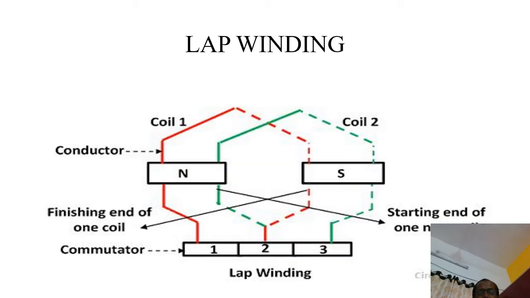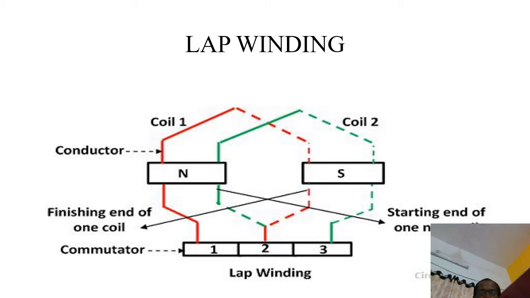Next, this is a lap winding diagram. These are the commutator segments, one front and one back. Here, this is the starting end of the coil and this is the finishing end of the coil.